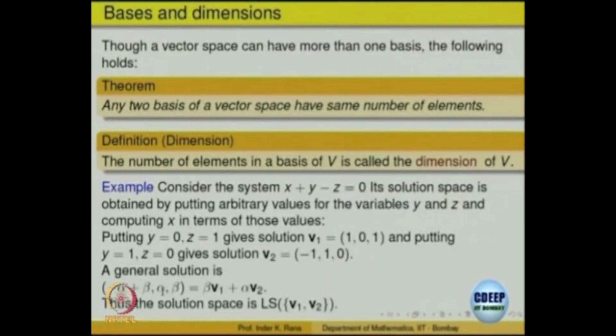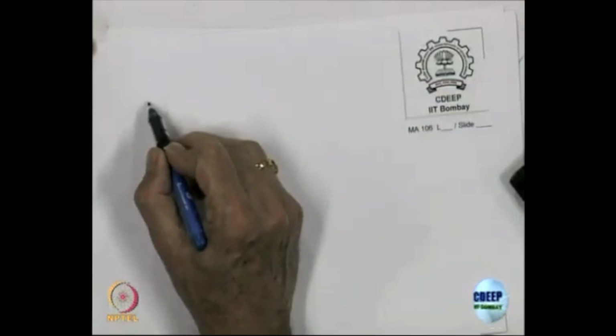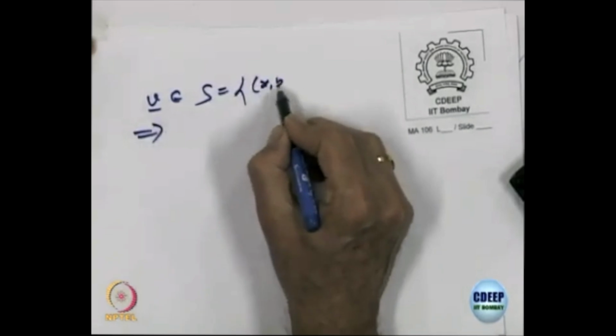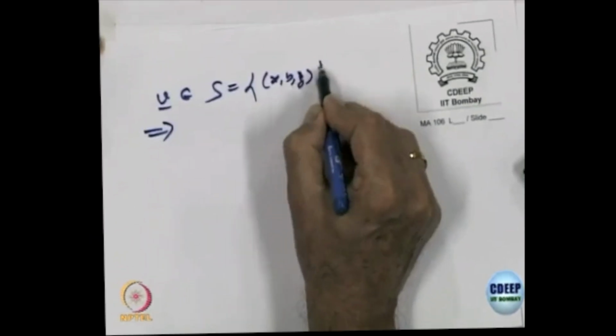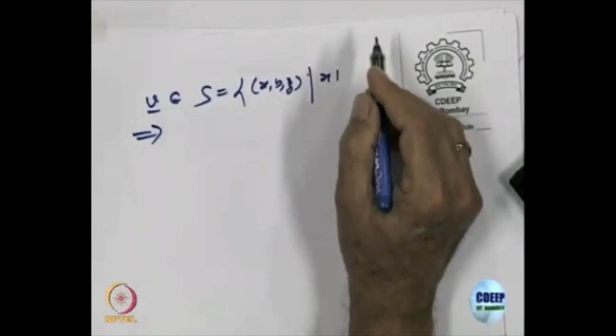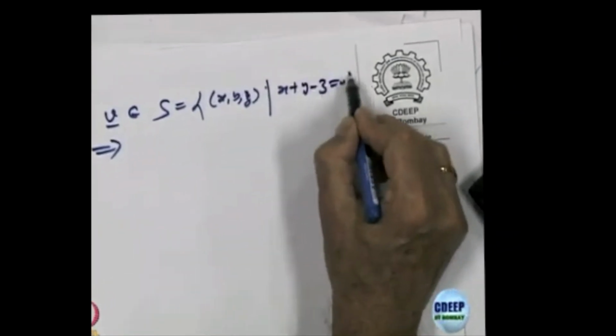So what does the general solution look like? If a vector V belongs to S, what was S equal to? That is x, y and z such that x minus y, x plus y minus z equal to 0.